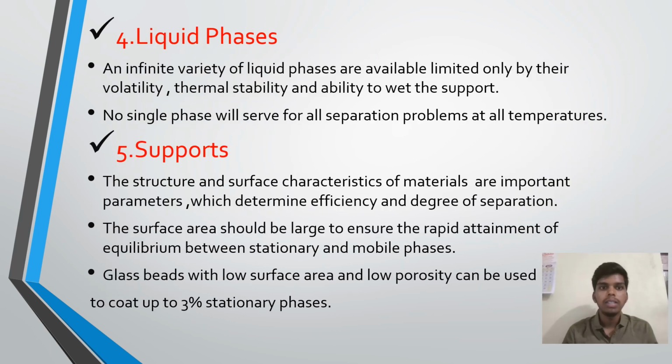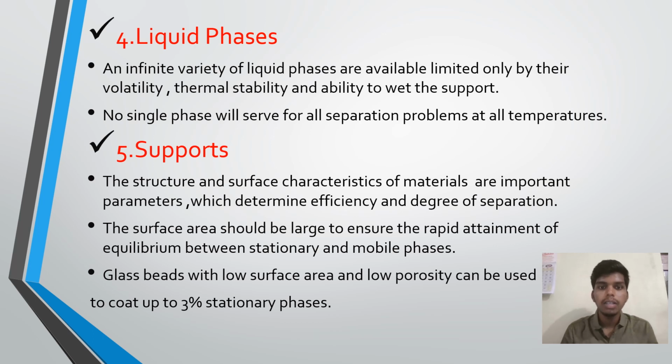Liquid phases. An infinite variety of liquid phases are available, limited only by their volatility, thermal stability and ability to wet the support. No single phase will serve for all separation problems at all temperatures. The structure and surface characteristics of support materials are important parameters which determine efficiency and degree of separation.